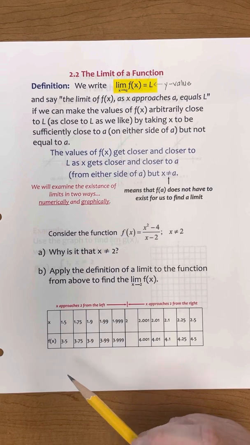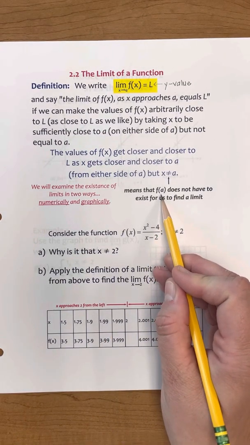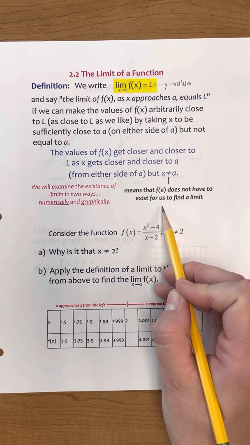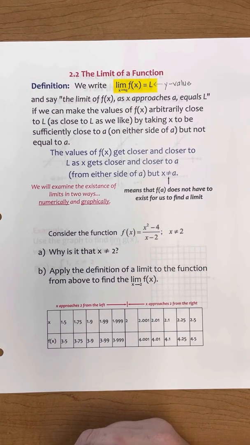In other words, f of a doesn't actually have to exist for us to find the value of the limit. We can see what it's getting close to from the left. We can see what it's getting close to from the right, but the actual point, f of a, might not even exist.